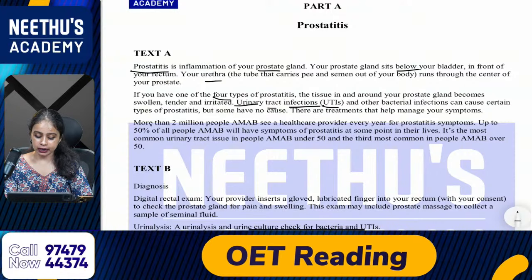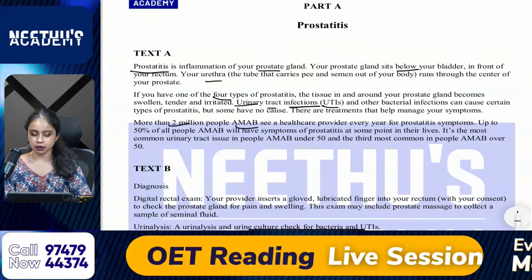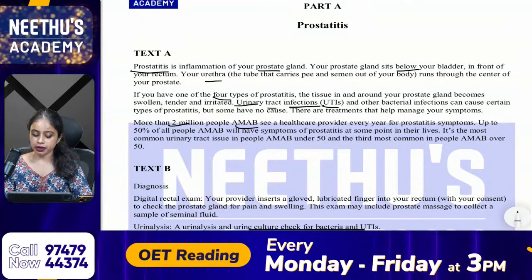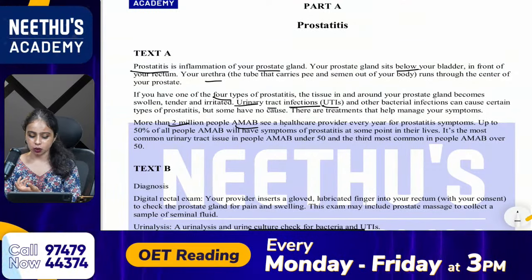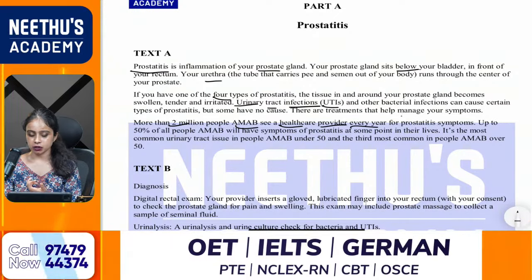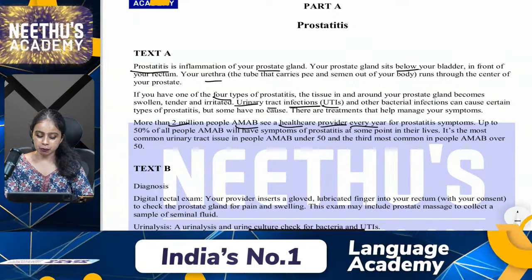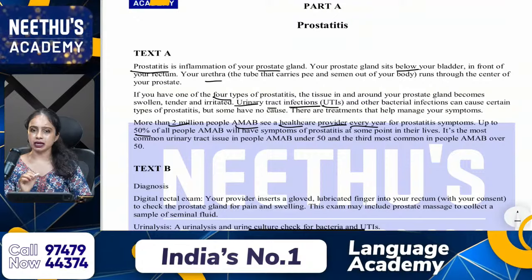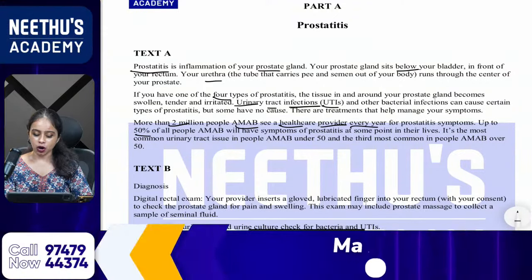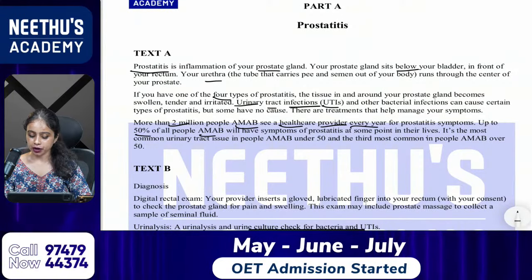More than 2 million, so I'm marking 2 million people, AMAB, another abbreviation. See a healthcare provider, the name of a particular specialist, every year, that particular time, for prostatitis symptoms. Up to 50%, again a number plus symbol, of all people AMAB will have symptoms of prostatitis at some point in their lives.